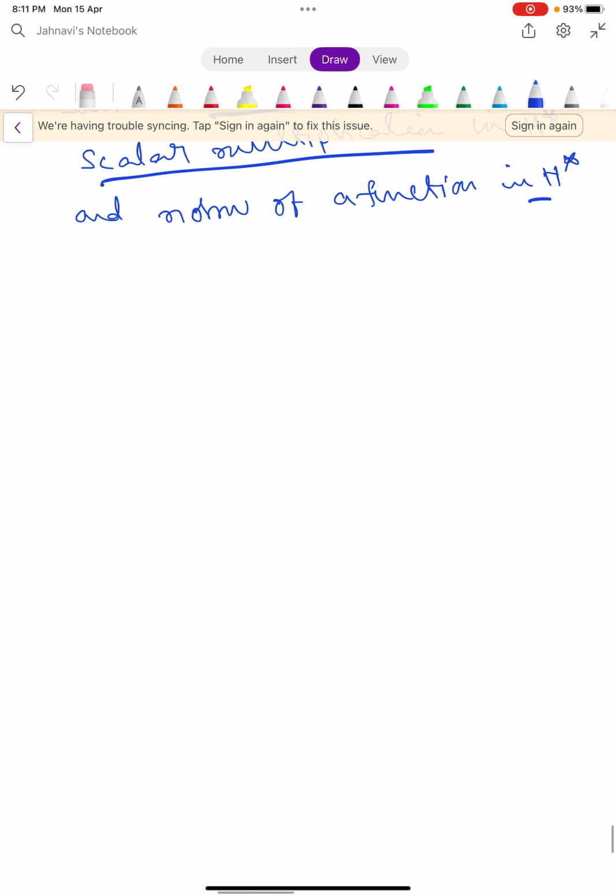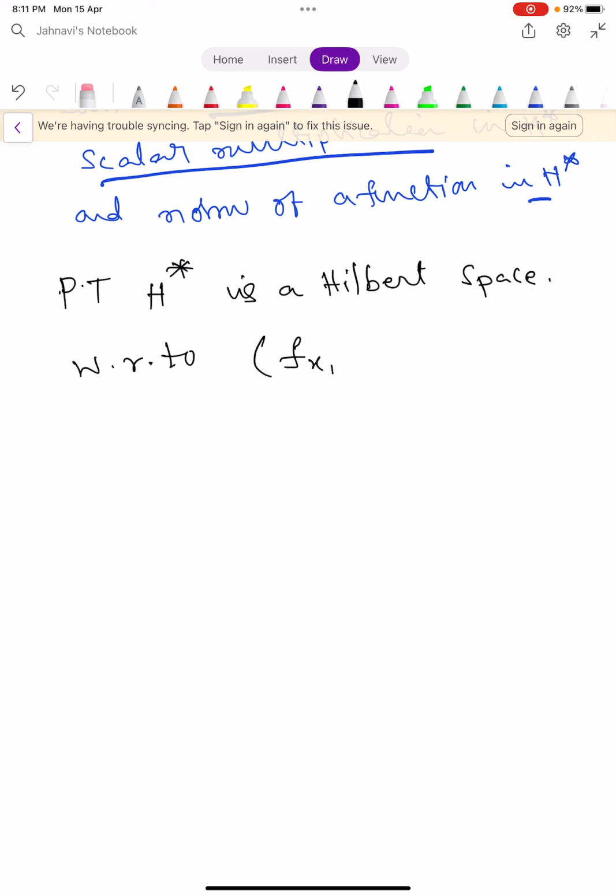Now, what is our aim? We have to prove that H star is a Hilbert space with respect to the given inner product, fx comma fy is equal to inner product of y comma x. Remember the definition.